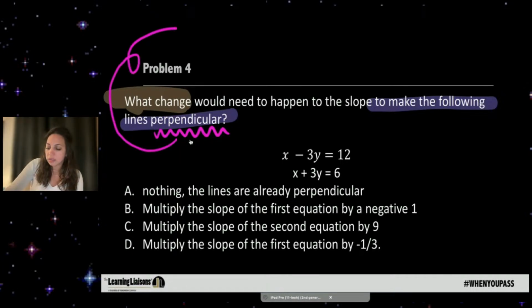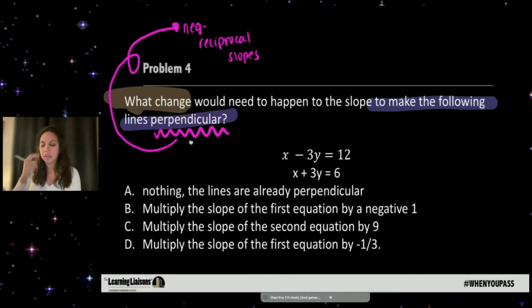Perpendicular lines have negative reciprocal slopes. Well, if they have negative reciprocal slopes, then that means that if the slope of the first line is a over b, the slope of the next line needs to be negative b over a.